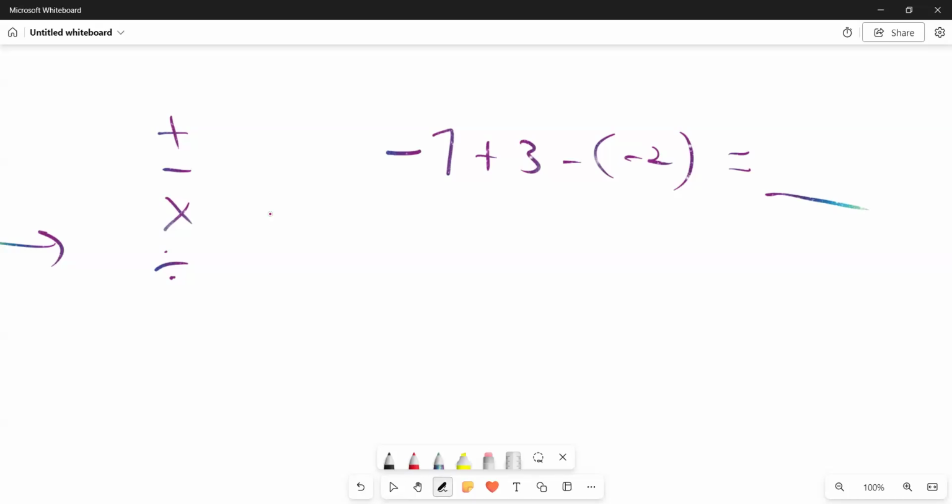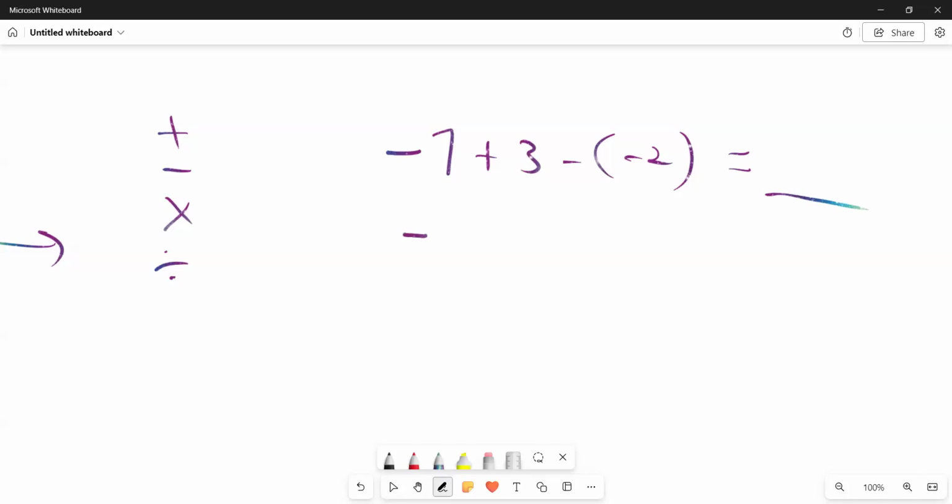As I said, it's good if you know the rules, but I'm saying if your back is against the wall and you have a calculator, why are you worried about rules? So you use your calculator, you feed this in.